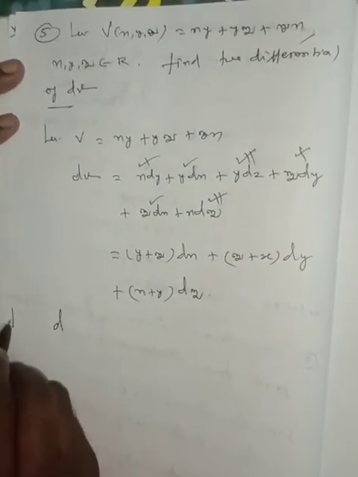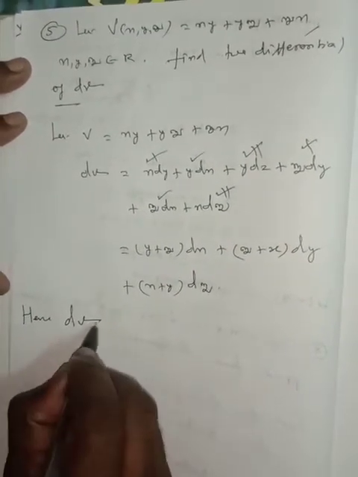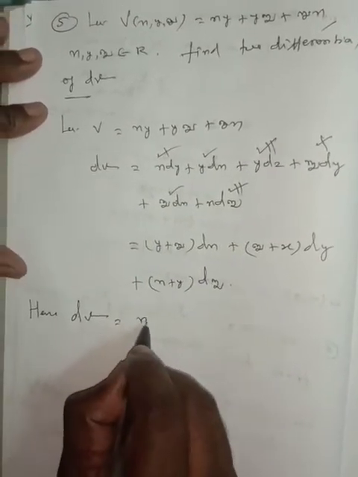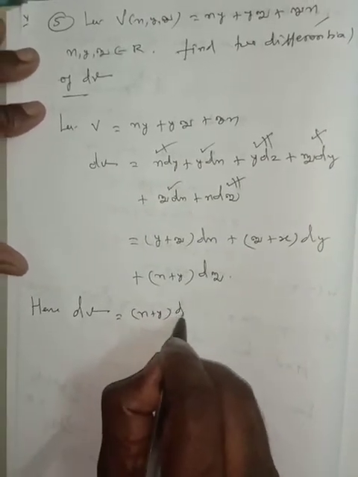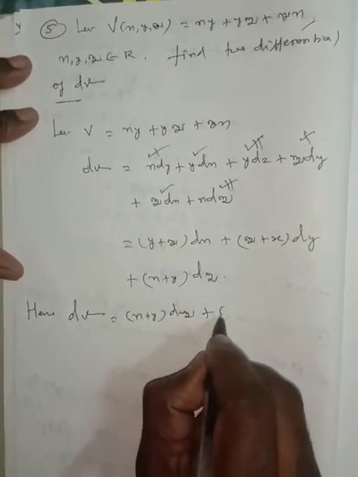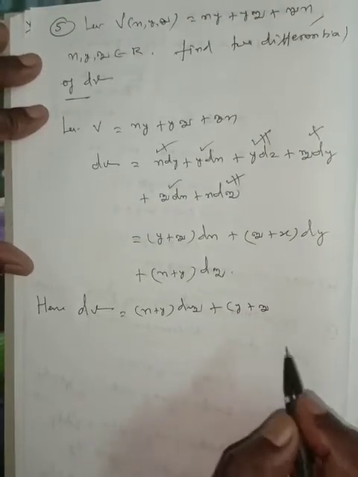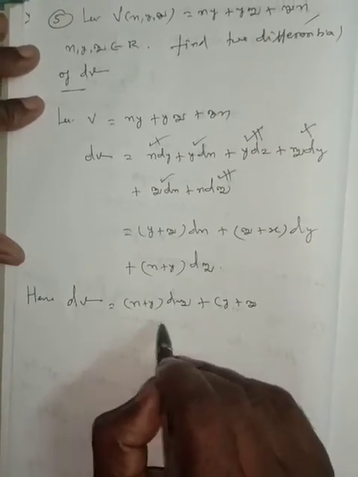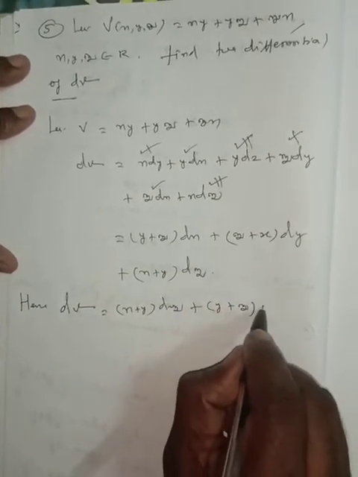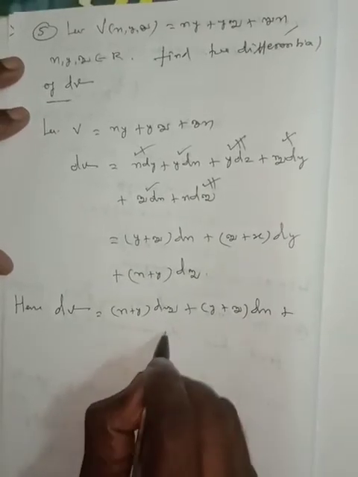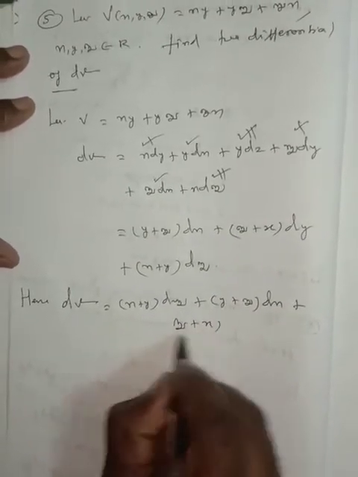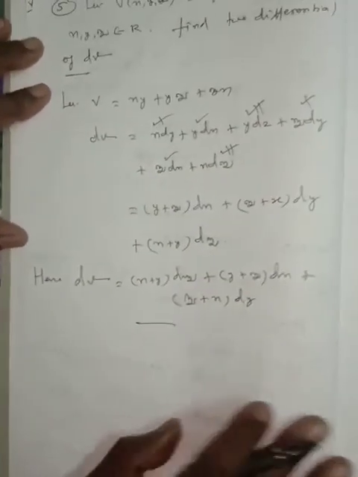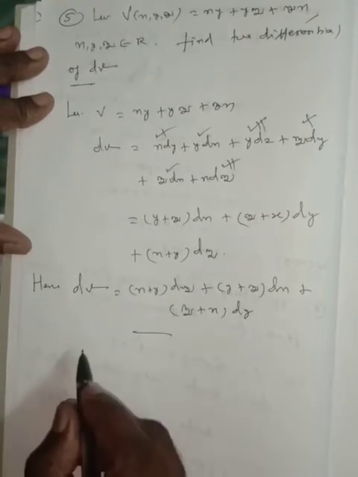So dv is equal to (x + y) dz plus (y + z) dx plus (z + x) dy, times the result. Next, function of function using chain rule.